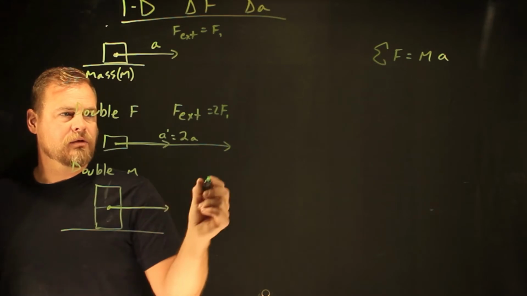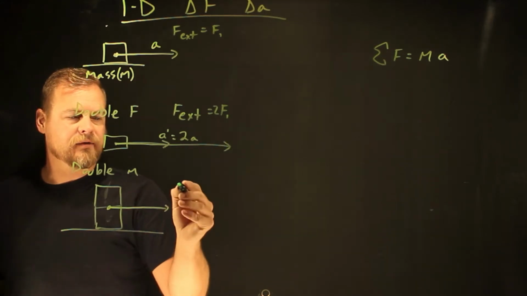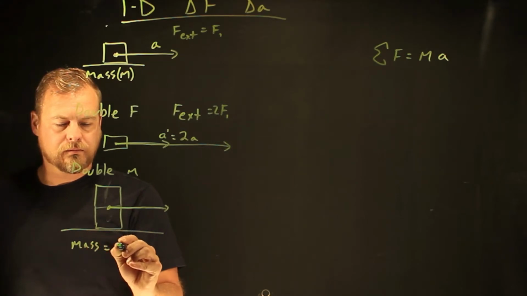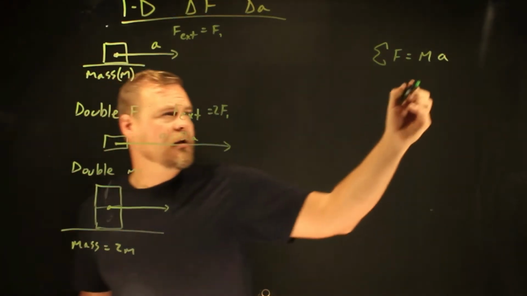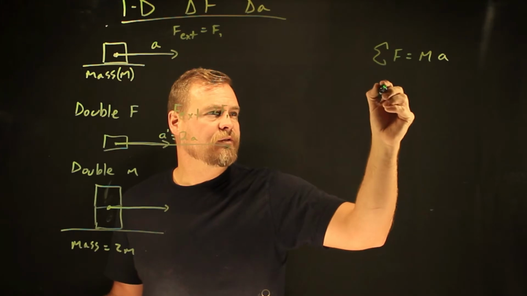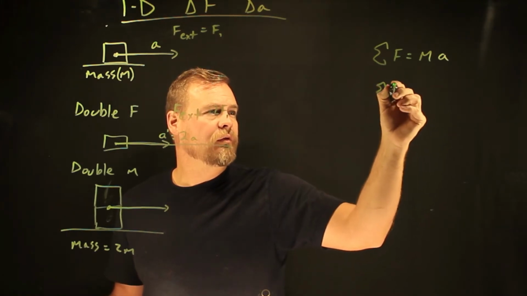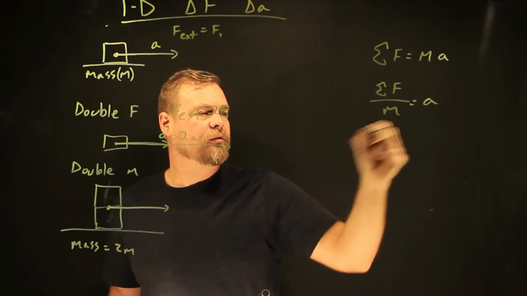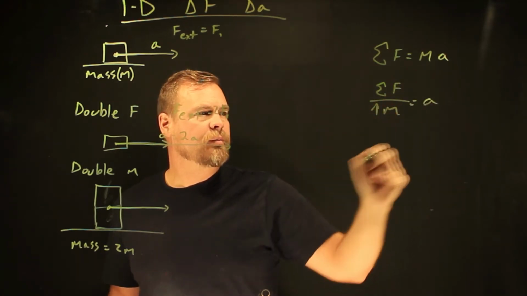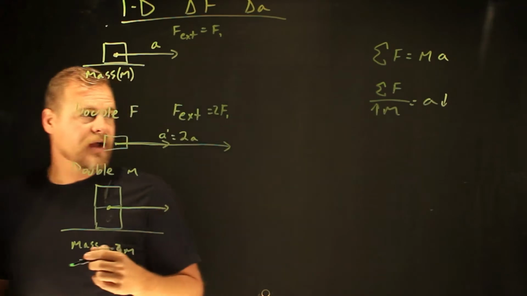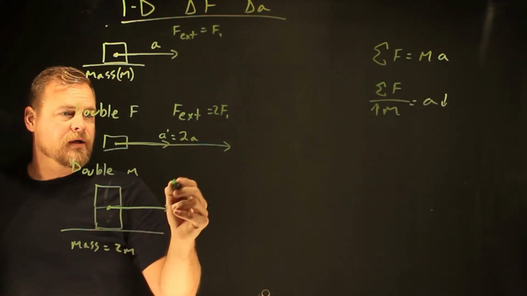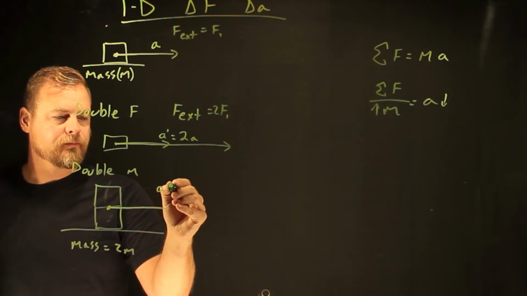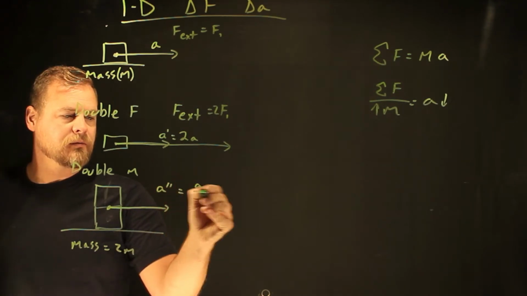And so if I double the mass, and if you rearrange this a little bit, so the net force divided by the mass equals acceleration. So if the mass goes up, then the acceleration will go down. So if I double the mass, the acceleration is going to be halved.